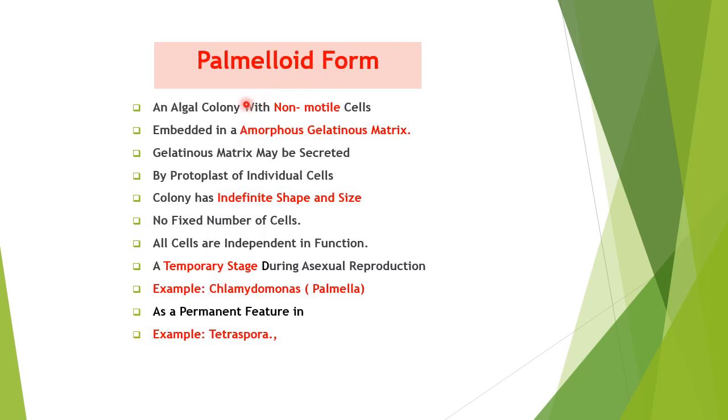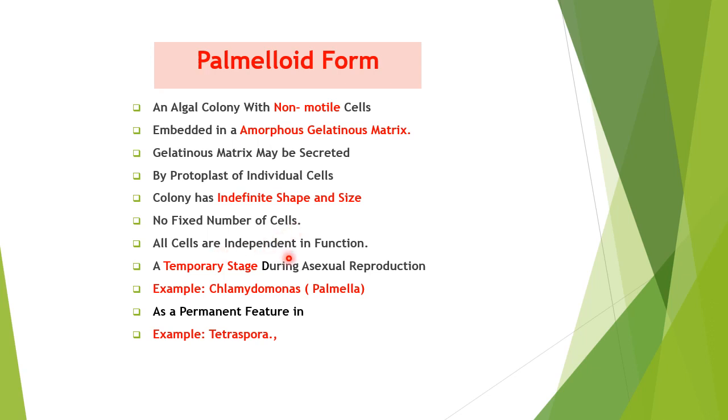Palmelloid form is an algal colony with non-motile cells embedded in an amorphous gelatinous matrix. The gelatinous matrix may be secreted by the protoplasm of individual cells; that is, the same cells are producing the gelatinous matrix. A colony has an indefinite shape and size, with no fixed number of cells.